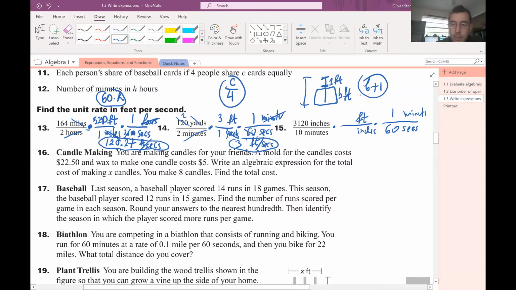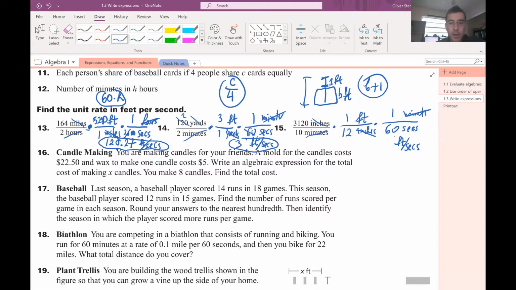And then we know that 1 foot has 12 inches, right? So now minutes are going to cancel out, inches and inches are going to cancel out. We're going to end up with feet over seconds as the unit rate, and then it's just a matter of multiplications here.